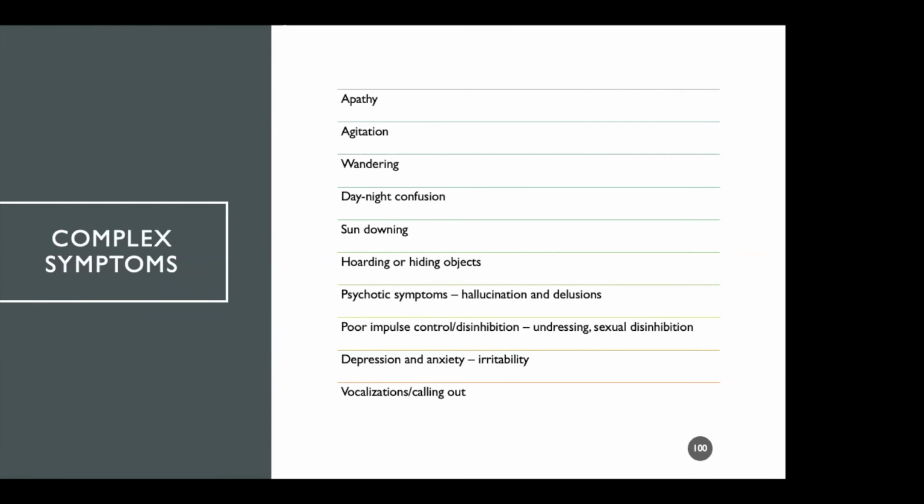Impulse control problems such as undressing, sexual disinhibition, touching caregivers inappropriately, irritability, and vocalization and calling out, at all times of the day and night, which is what I'm referring to when I say calling out.